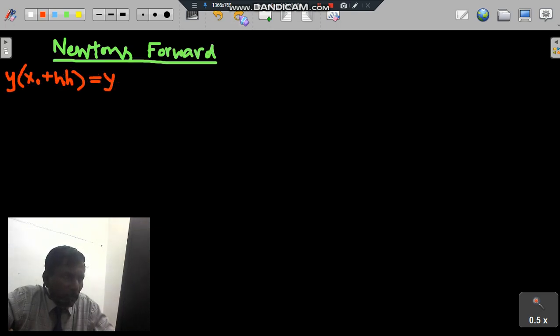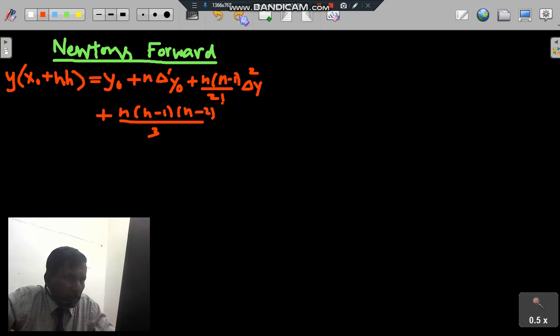So this is what is called Newton's forward difference formula. y of x naught plus n into h equals y naught plus n into the first difference of y at x equals x naught, plus n into n minus 1 divided by 2 factorial into the second difference of y at x naught, plus n into n minus 1 into n minus 2 divided by 3 factorial into the third difference of y at x naught, plus dot dot dot.